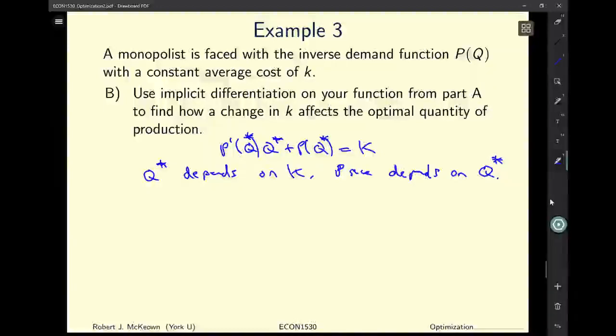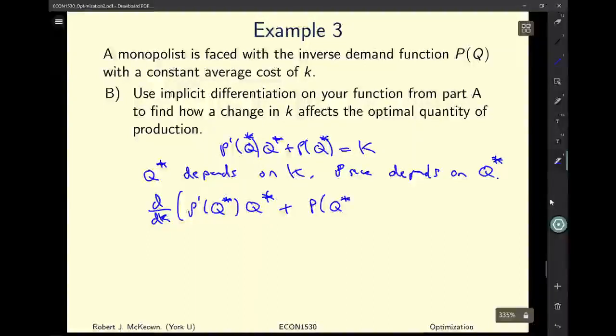So we're going to try and take the derivative, or we are going to take the derivative of this expression, both sides, with respect to K. So maybe I will write that out. So we're going to take the derivative with respect to K of P prime. So that's how we're going to take the derivative of both sides with respect to K.